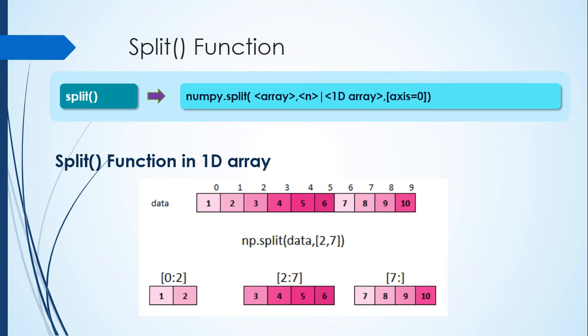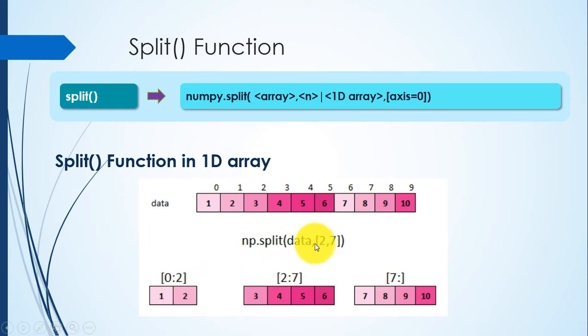And if the second argument is given as a one dimension array, just as we have given in this example, it splits the array into unequal sub-arrays. You can see we have used np.split data. Data is our one dimension array, and then we have given another one dimension array or a list which has 2 elements, 2 and 7. So splitting will be done like this.